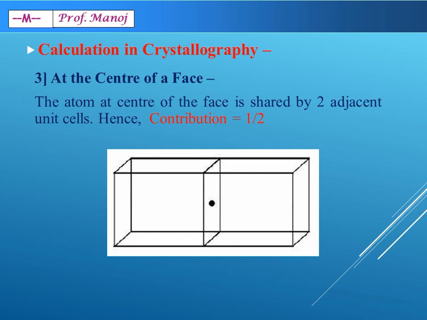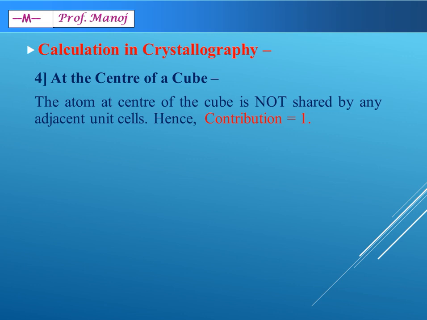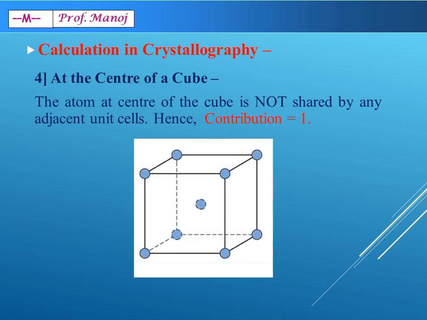Keep on imagining that every atom is a sphere, a ball, and half a sphere is on one side, half a sphere on the other side. The fourth case, if an atom is inside the cube, obviously inside is not being shared by anybody. So the contribution of that atom completely belongs to that unit cell.